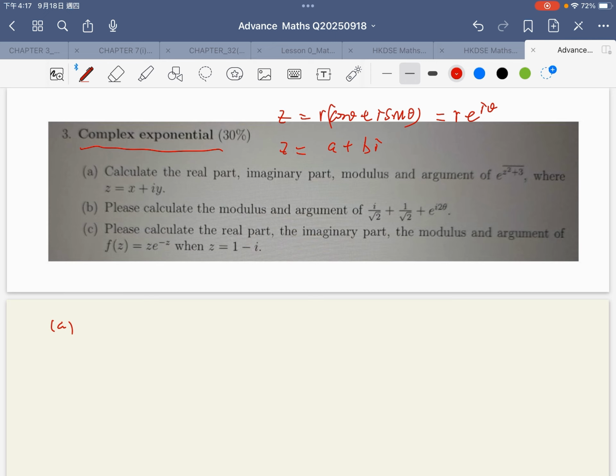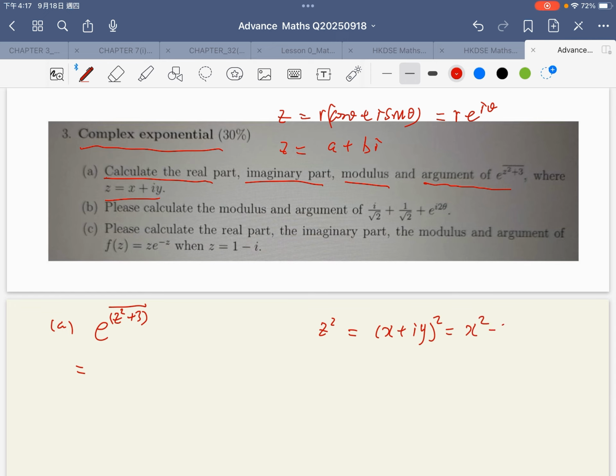For part 1, calculate the real part, imaginary part, modulus and argument of this one. Here e to the power of z squared plus 3 times the conjugate, with z equal to x plus iy. I first calculate z squared, which equals x plus iy squared.